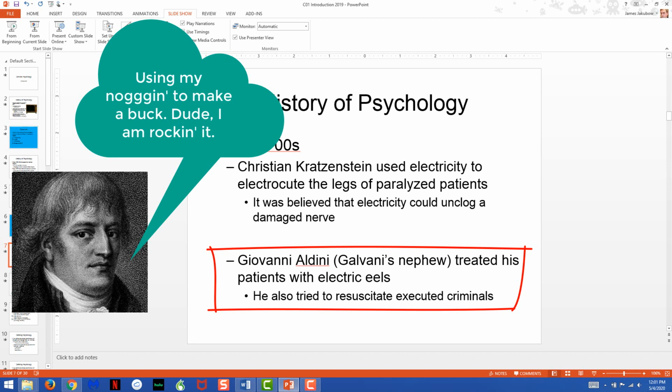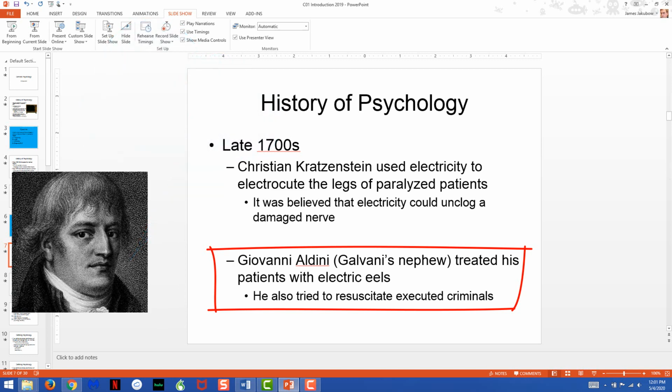One of the other applications that Aldini took, which really kind of made him stand out historically, was to extend on what Kratzenstein did. Instead of just taking dead birds out of the woods, Aldini decided that he would try to resuscitate executed criminals.